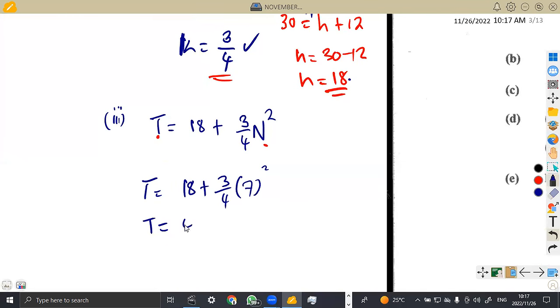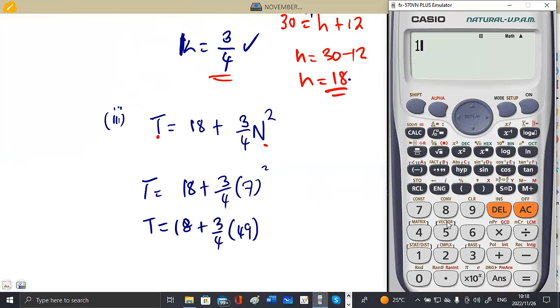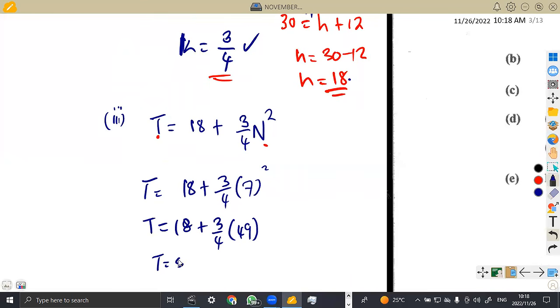Or you can just use your calculator directly: 18 plus 3 over 4 times 49, or times 7 squared, still one and the same thing, which is going to be 54.75. So our t is 54.75 minutes. So that is the time.